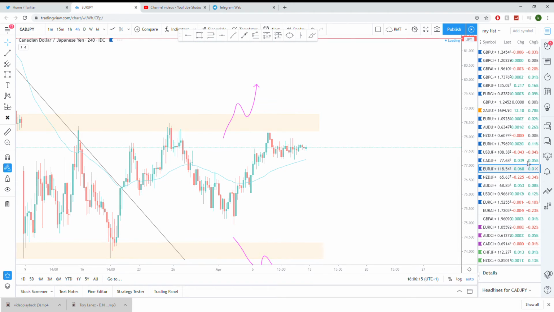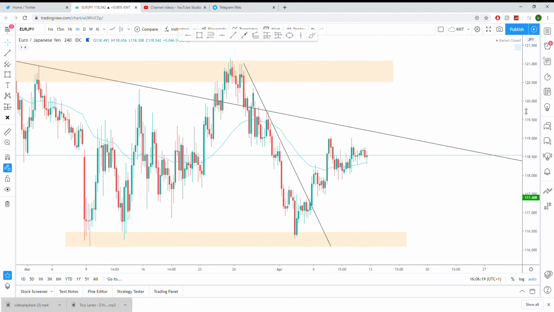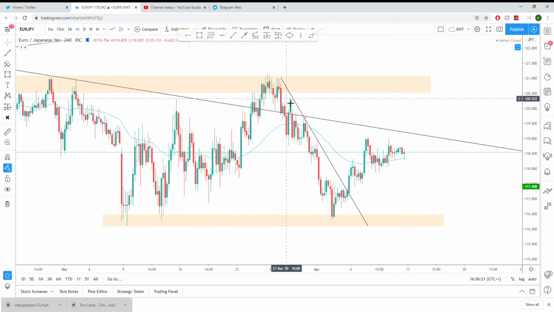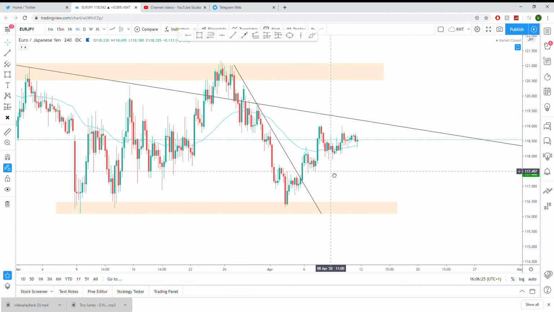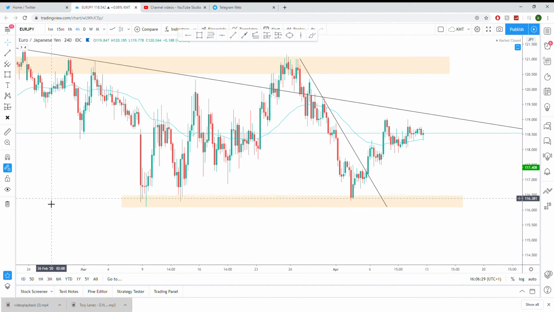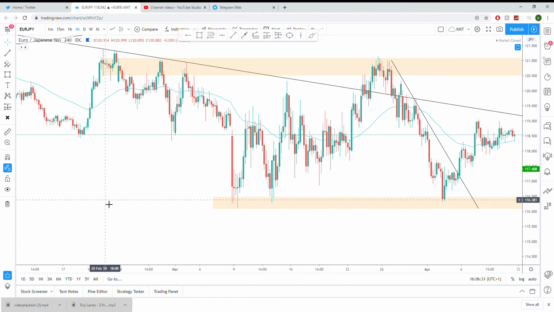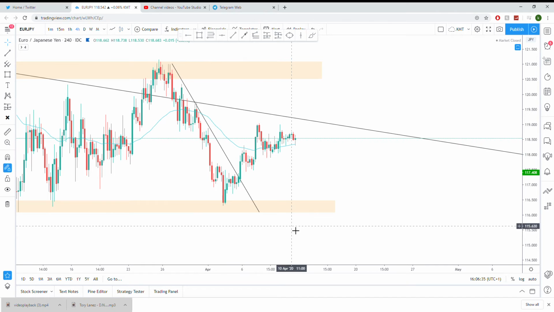So again, you'll see this again on Euro JPY, how we sort of managed to get out, but we just couldn't close above. We're still stuck in between this range, and we've been ranging since the 20th of Feb. So again, this is a very long awaited movement here.